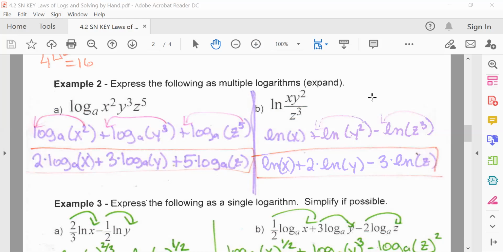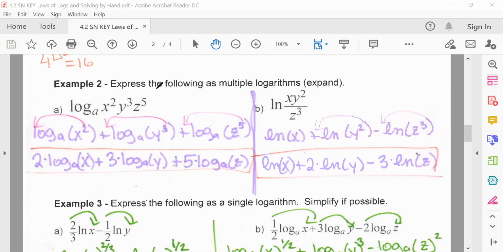Now when these are completely expanded, inside each log function you will have a single value. A single value inside each log function, as in no powers, no other terms, nothing else.